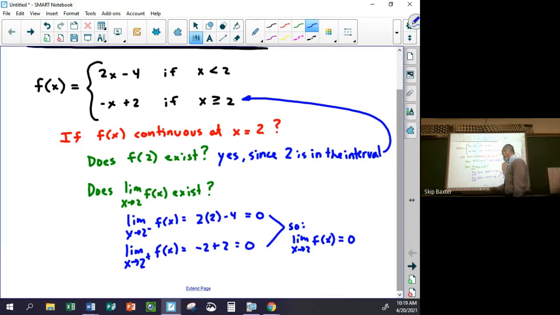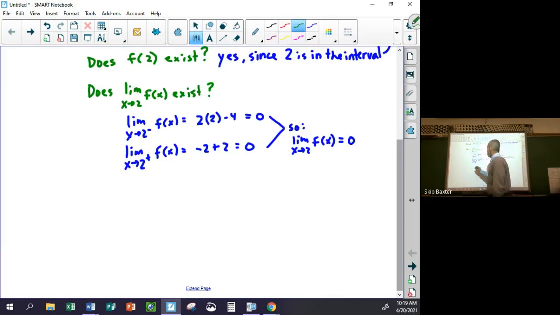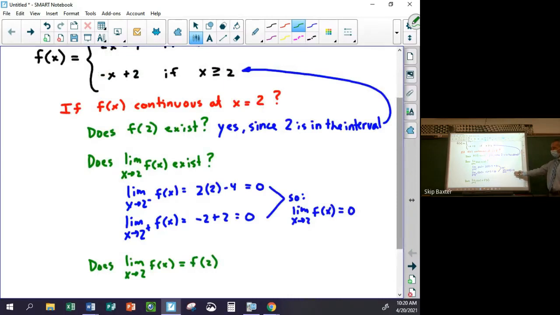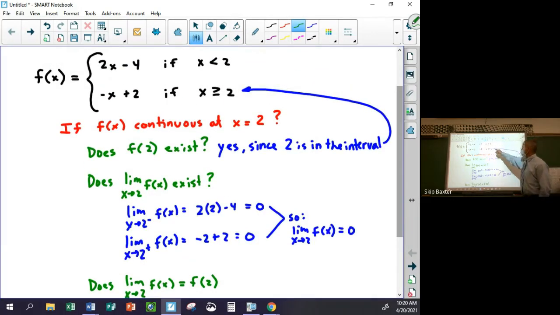And then the last question that you have to answer is, does the limit as x goes to 2 of f of x equal f of 2? And the answer is, yeah, it does, because I found the limit, it's 0. And to figure out what f of 2 is, I just need to substitute 2 in there, but that's how I got the limit, right? I substituted 2 into there and got 0.